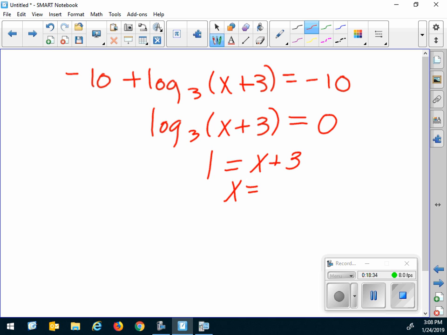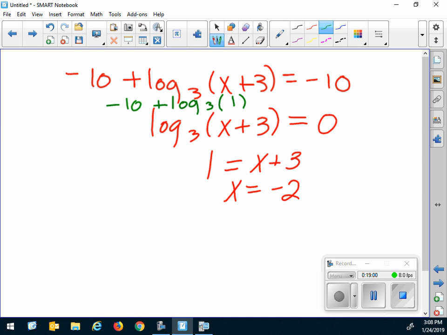So x equals -2. Now, here's the question. Oh my gosh, that's a negative. Does it work? Let's figure this out. -10 plus log base 3 of 1.